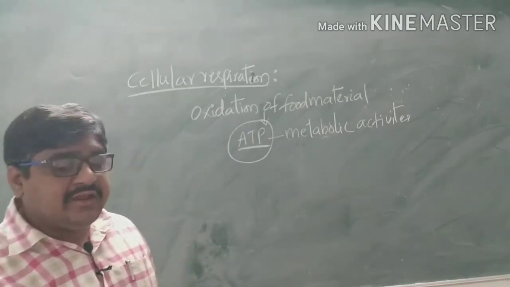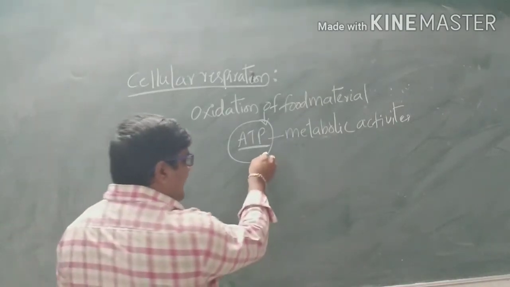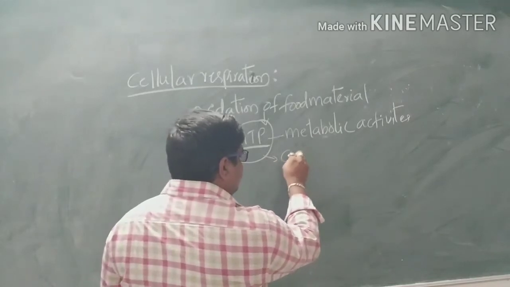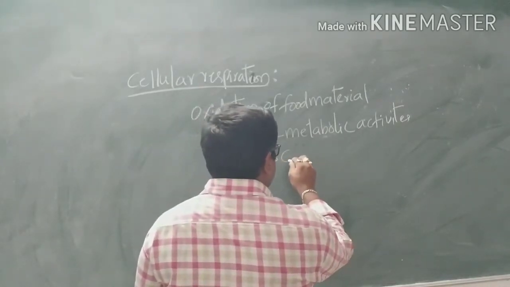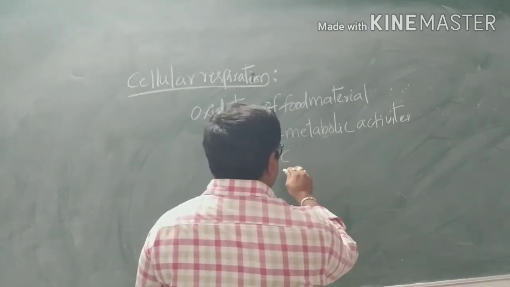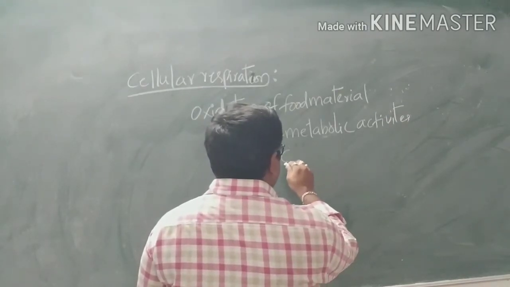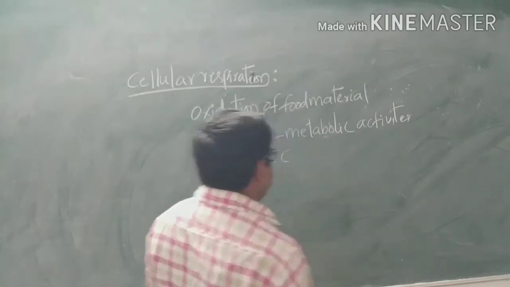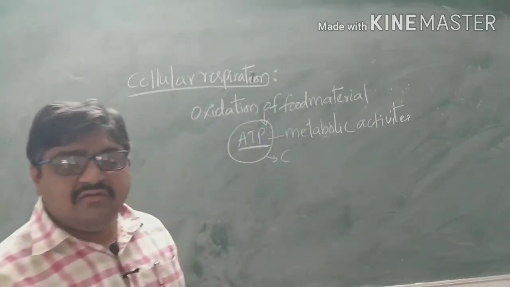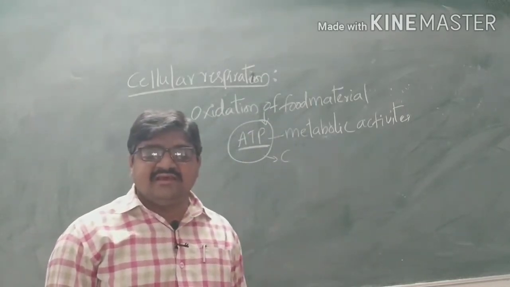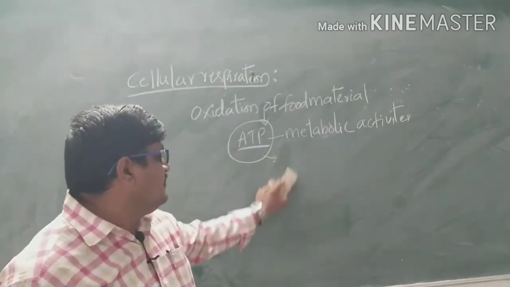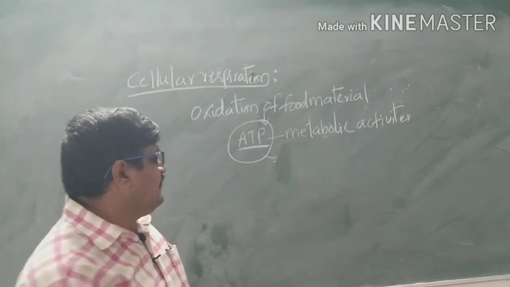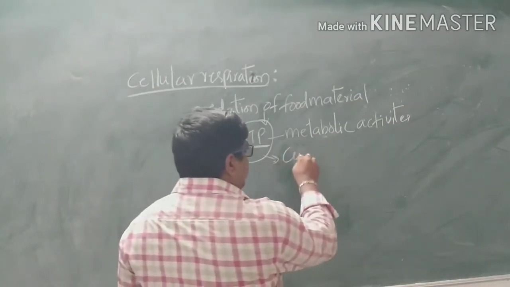As already said, ATP is called the currency of the cell.